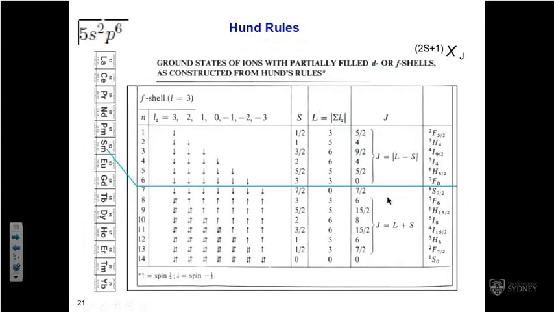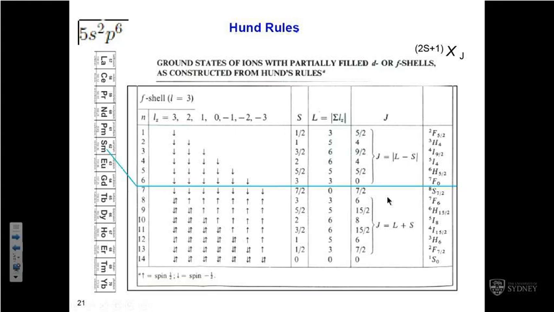You can do the same thing for the F electrons. In this case, we can look at samarium, and it has 6 electrons in its F shell. You can sum up the spins, just 6 times a half gets you 3, and just add up the sum of these L's.